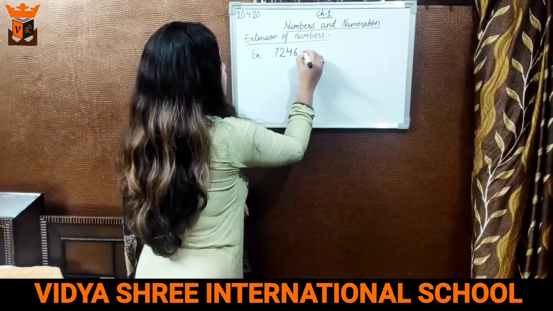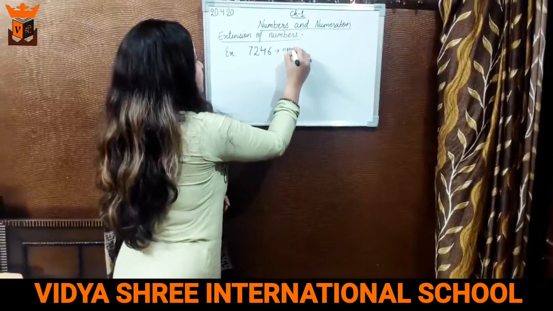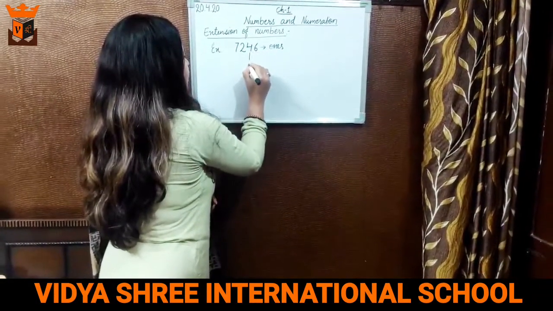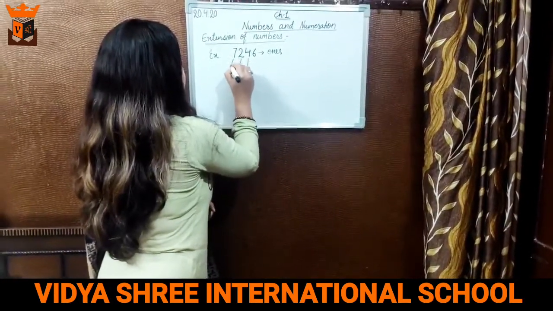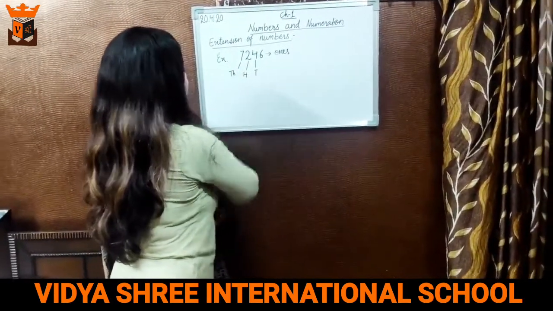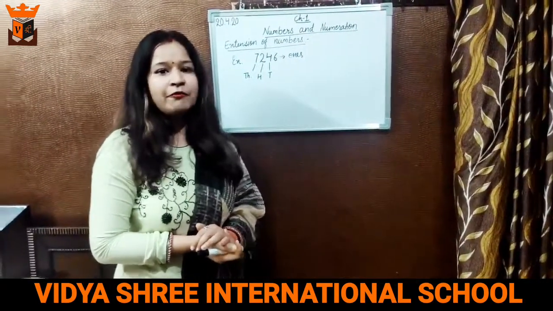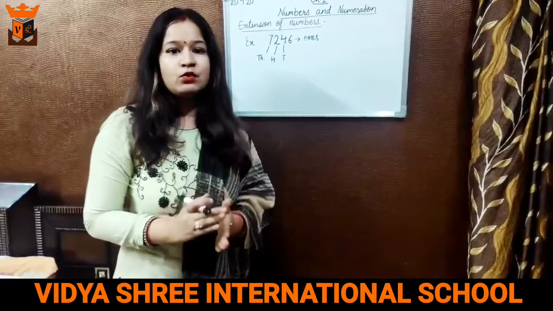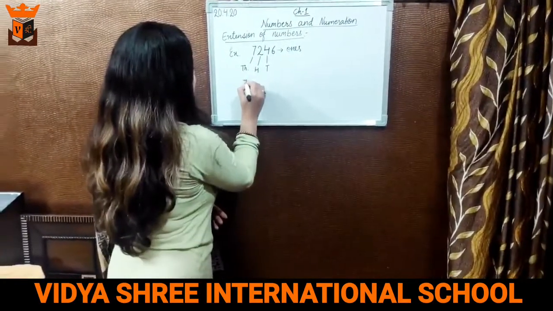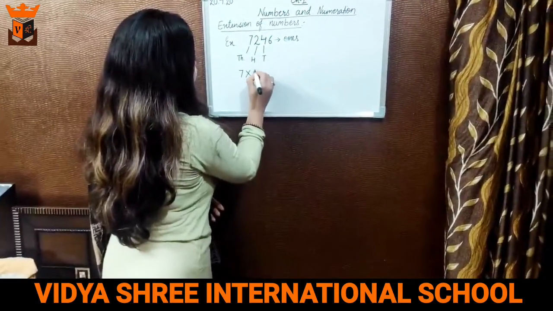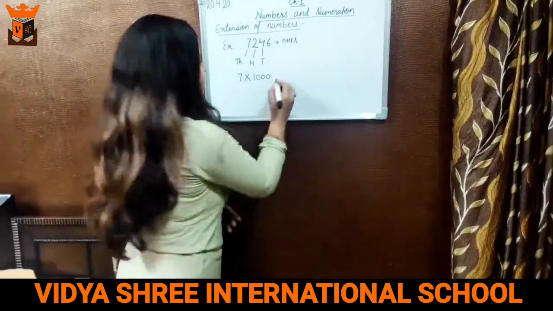First we will see the place value of each digit in this number. 6 is on 1's place, 4 is on 10's place, 2 is on 100's place and 7 is on 1000's place. So when we write any number in extension, we have to put the place value together with the digit. Now 7 is on 1000's place, we will multiply 7 by 1000, its place value.